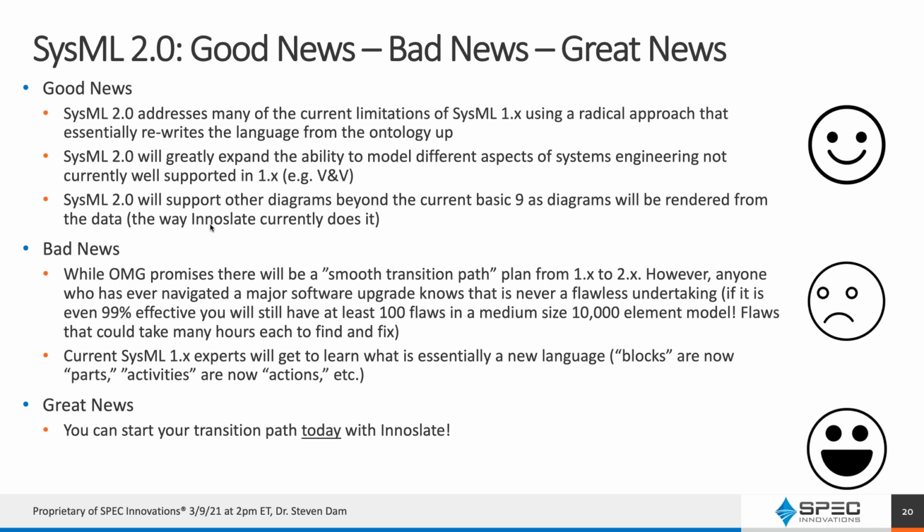Okay, 10,000 elements is nothing to have in one of these models. I can have 10,000 requirements in a single document in some of the projects we're working on. So that's nothing. So the flaws could be hours to find and fix. And that's the difficulty. It is a very difficult job to translate things between tools.